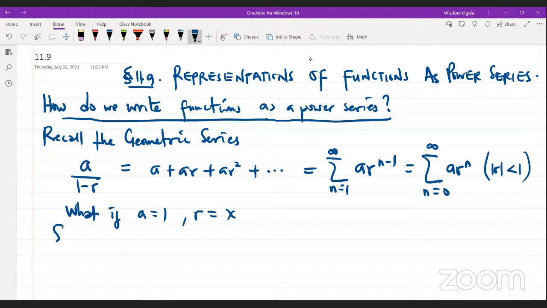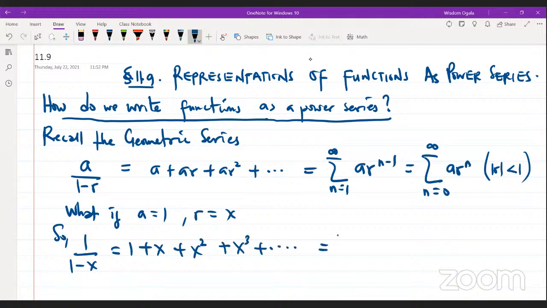So you have 1 divided by 1 minus x equals 1 plus x plus x squared plus x cubed, and this continues on and on. This is the same thing as this, where I'm just replacing my first term with 1.